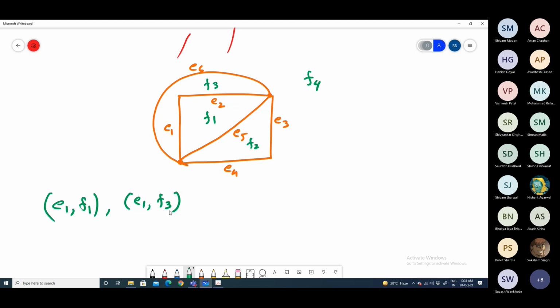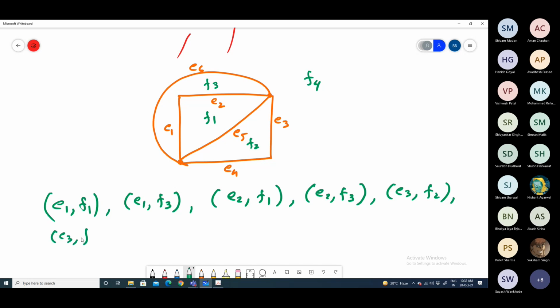Similarly we count E2. E2 is an edge and it has two sides. On one side you have F1 and on the other side you have F3. Now look at E3. E3 has F2 and F4.